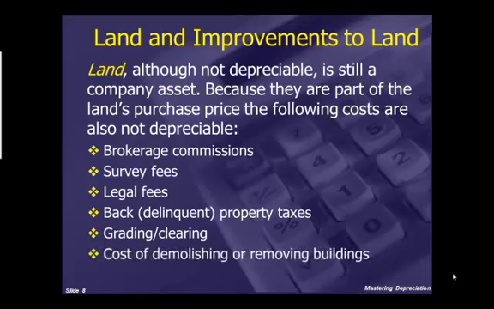Cost of demolishing or removing buildings. So if we purchase land that has a building on it that we do not want to use, and we're having it demolished, removed, razed, R-A-Z-E-D, the cost of doing that is going to be added to the cost of the land.